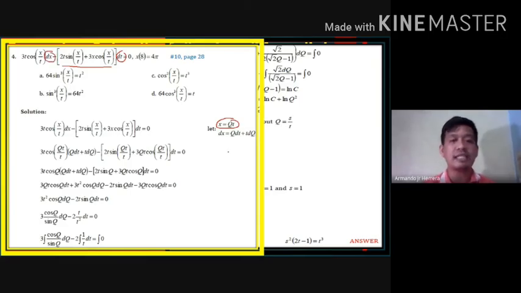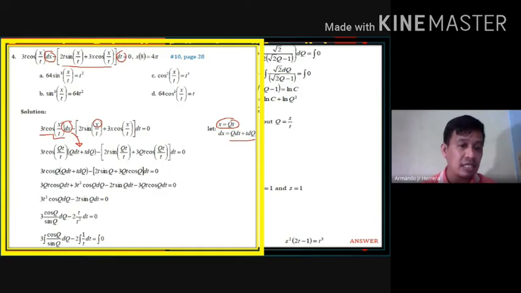So your dx there is q dt plus t dq. So this gives you 3t cosine x over t multiplied by the value of dx dependent dun sa ating substitution na ginamit, minus 2t sine qt because x is qt.